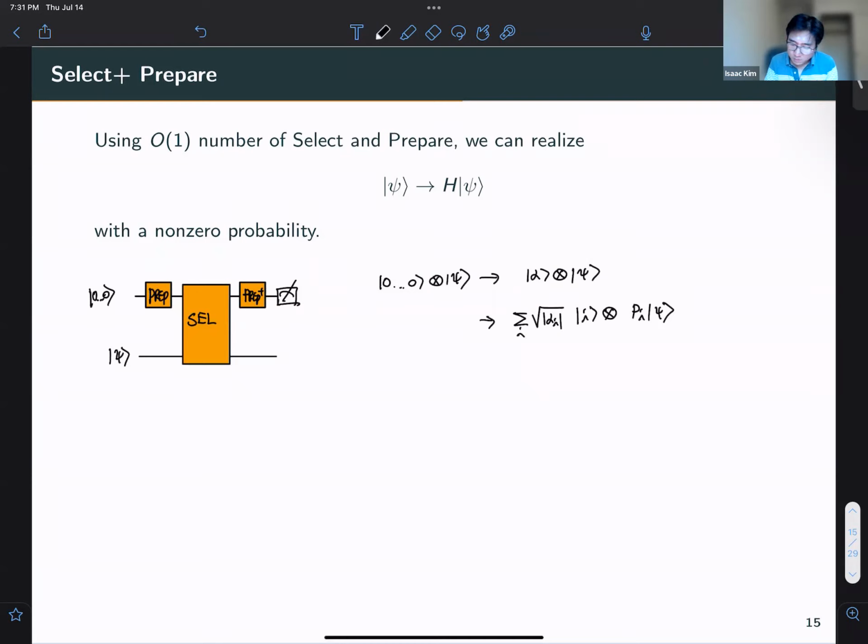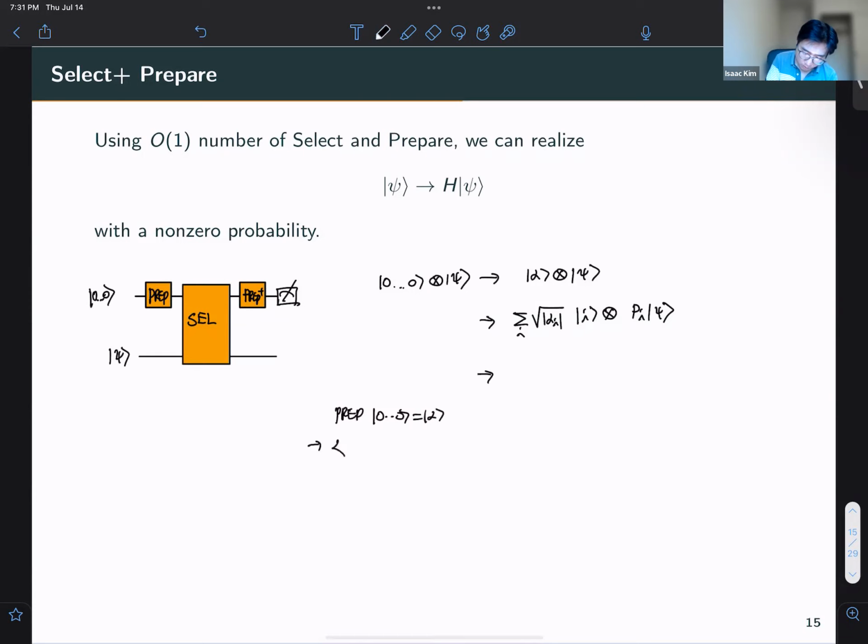And you apply the prepare dagger and then measure. But instead of applying the prepare dagger operation, let me remind you that this is alpha.